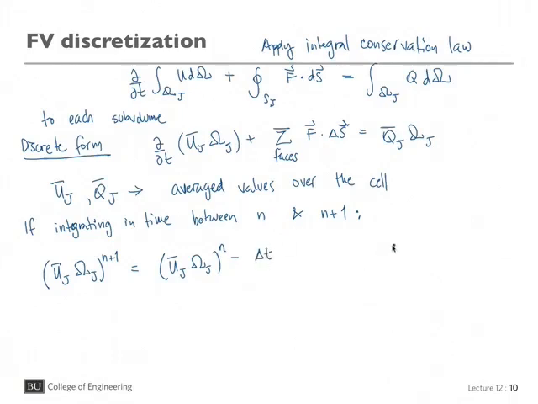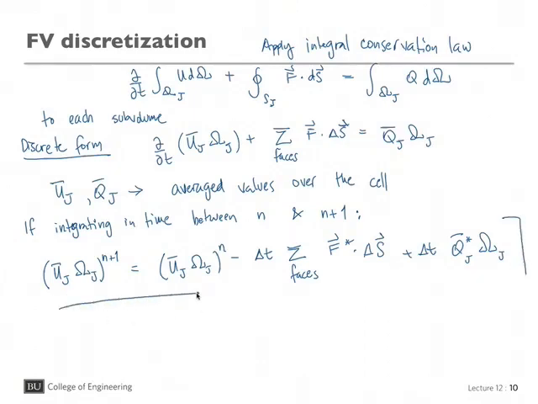Suppose that we use an Euler method for time, sum on all the faces of, let's call this F star, which is going to be our average flux, plus delta t q bar star. I'm going to write what this is in a moment. Times the volume.